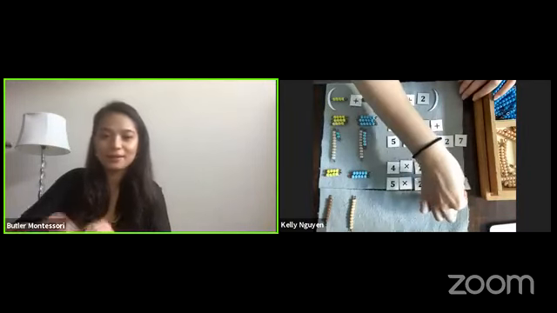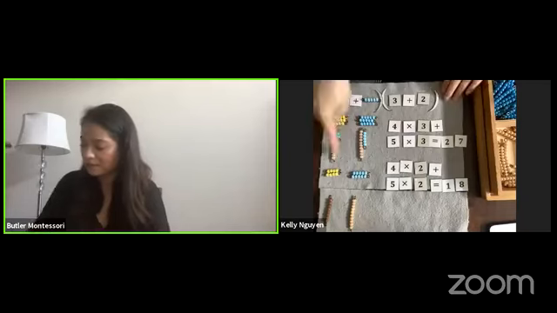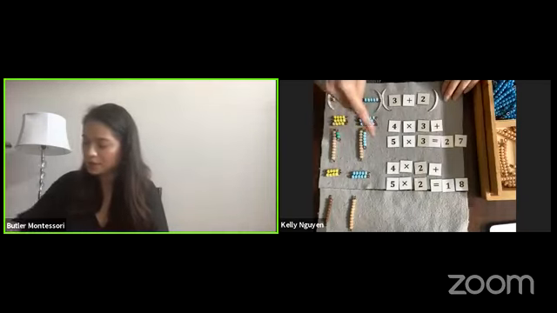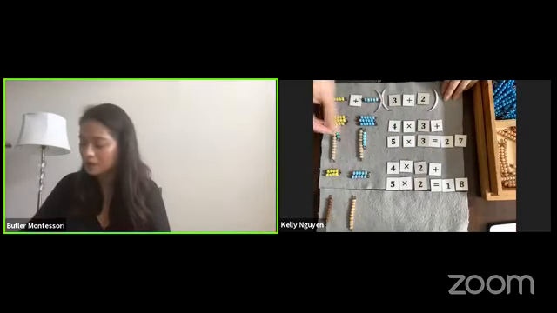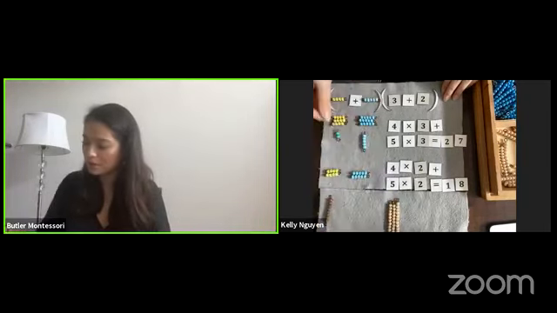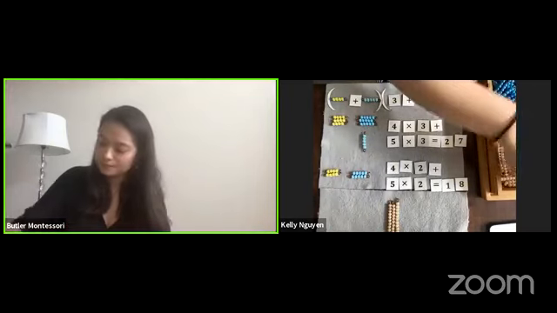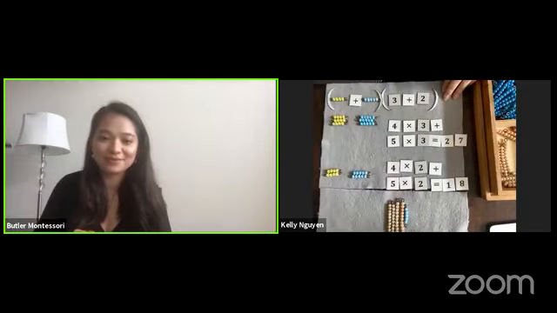Okay. Now I have this partial product here and this partial product here, and I can go ahead and add them together to get my final answer. And if I don't know what that looks like, I can just put them together like this. So I took all the 10s together. I know that 8 plus 2 is another 10. And I have a 5 here. So my answer is 45.